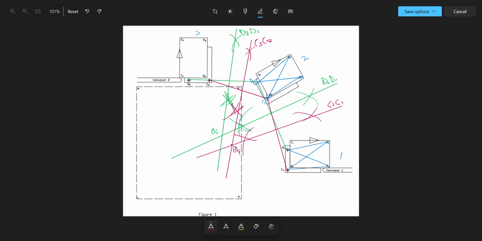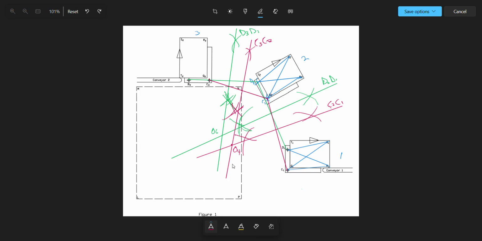So O4 is for the C's. O4 is coming from the perpendicular bisectors of C2 and C1, as well as C3 and C2, and then O6 is coming from the perpendicular bisectors of these two lines, which is D3, D2, and then D1, D2.